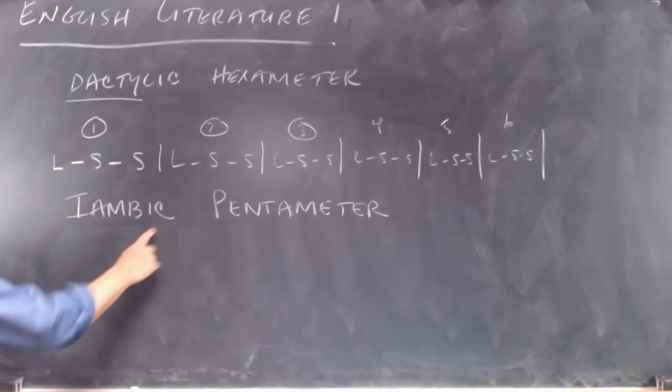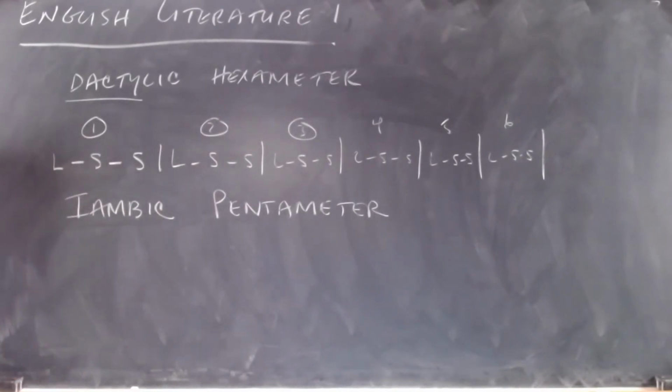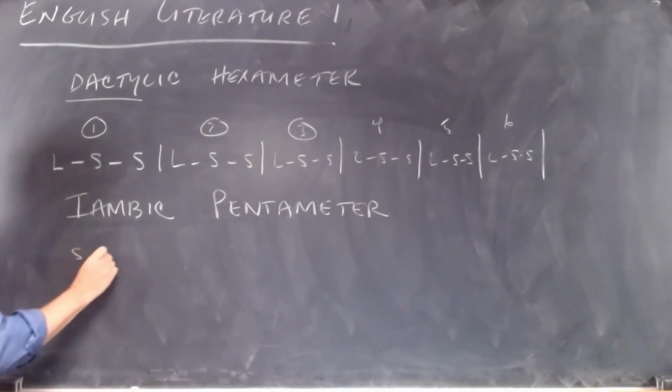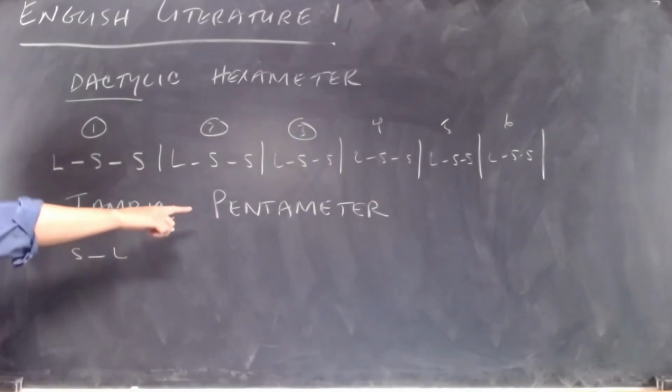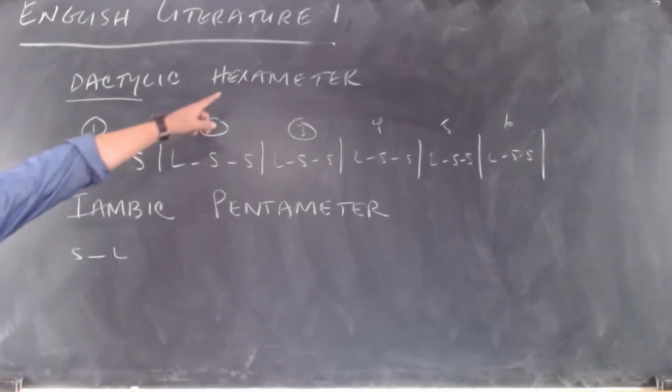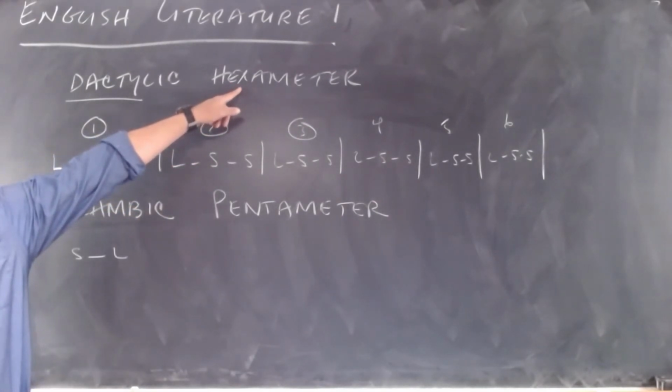An iambic foot, or an individual part of the line, is simply short, long. Much simpler than long, short, short. Short, long. And pentameter, see, hexameter meant 6 measures.